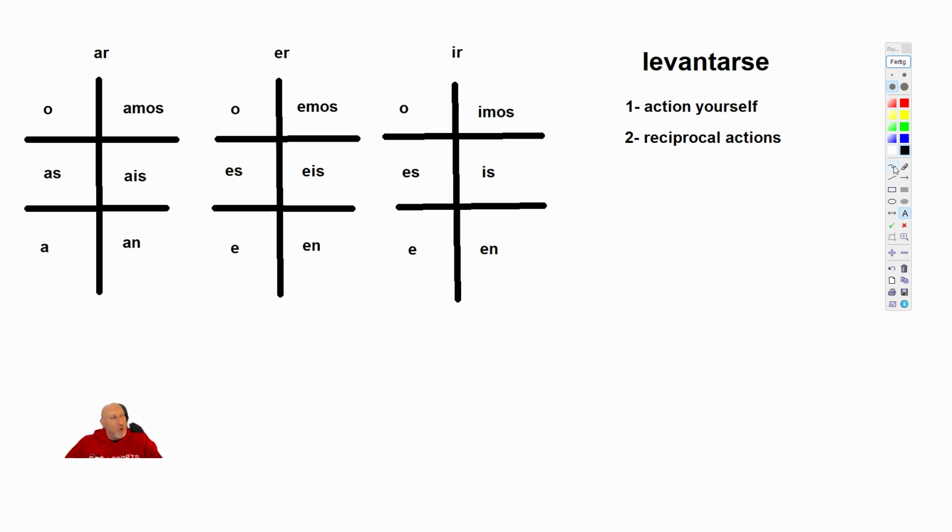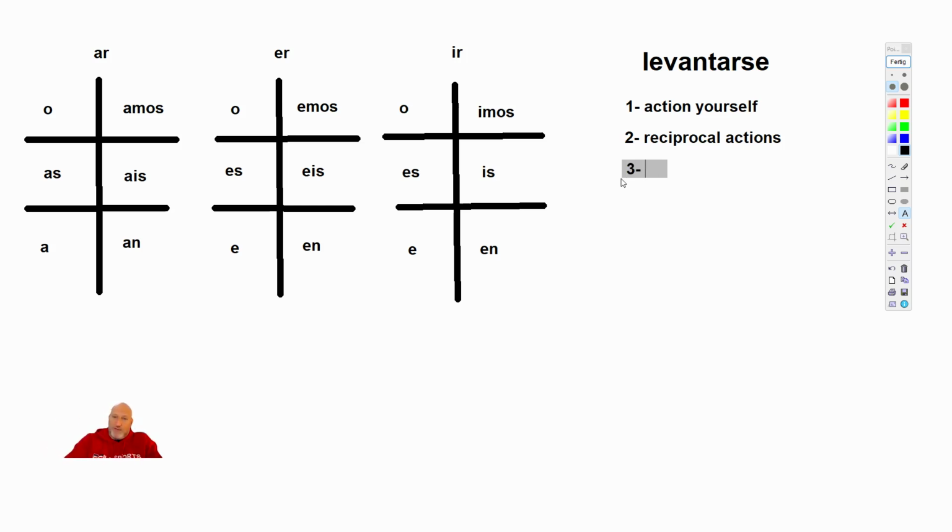I help Paul, Paul helps me, we help each other. Well, in Spanish, the verb to help is ayudar, but if you help each other, ayudarse. By making it reflexive, we specify that it is a reciprocal action. It's done to each other. We will see this in detail, don't worry. I just want to give you all the uses of a reflexive verb and then we will use them.